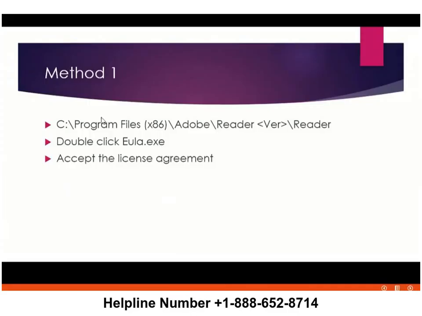As I have shown here, you have to go to Program Files, and inside the Adobe installation folder we have a file called eula.exe. We have to double click that file and accept the license agreement.